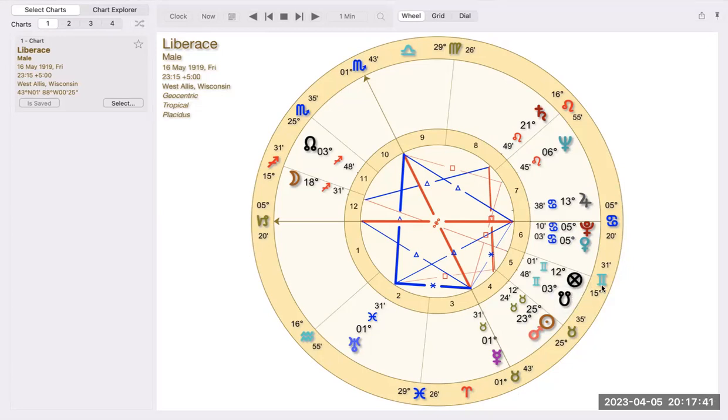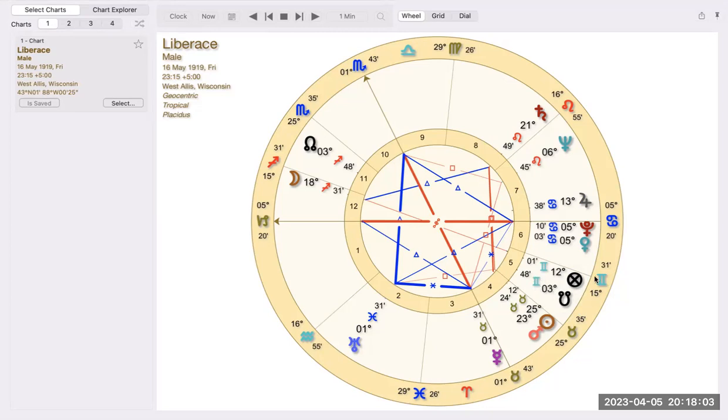I don't know what you do with this. How did we manage to find such a confusing chart? I know, that's what I'm saying. This is fascinating, but this is actually a good example of cusps. We're not looking at the planets, just the signs and the houses and the cusp.